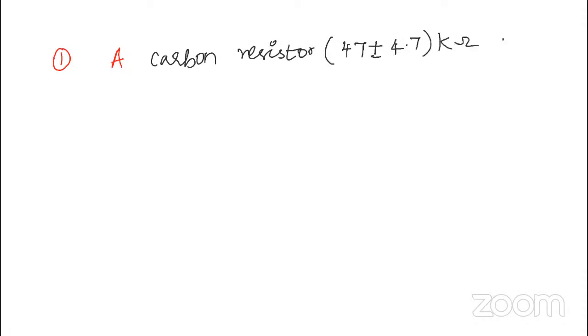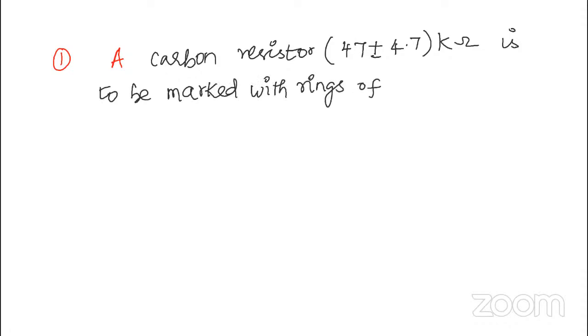I will write the question again. A carbon resistor that is 47 plus or minus 4.7 kilo ohms is to be marked with rings of different colors for its identification.